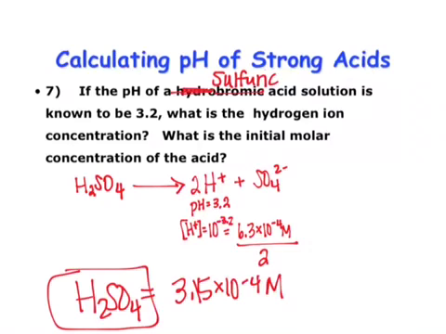So this is for 2 H+, but we only have 1 H2SO4. So we have to divide this by 2 to get the concentration of H2SO4. 6.3 e to the negative 4?